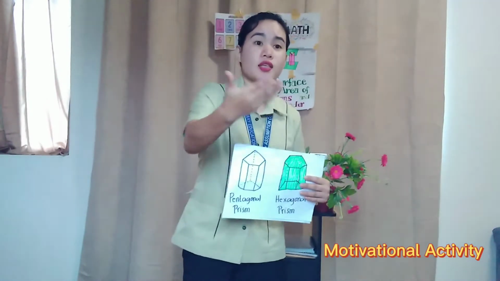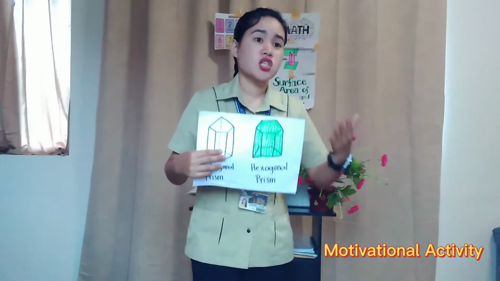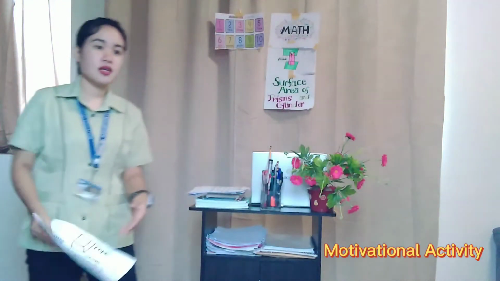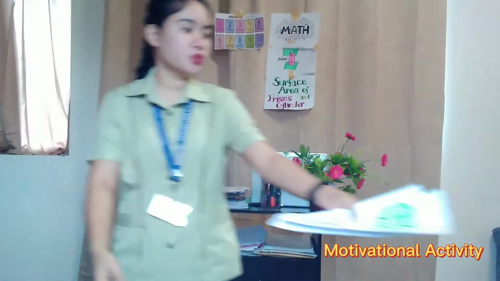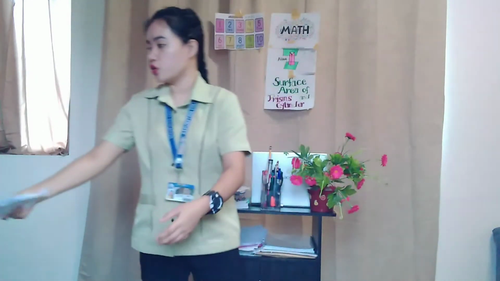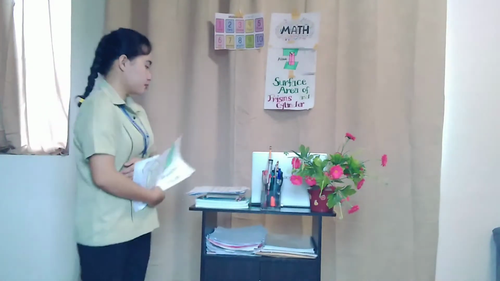What you will do in this activity is guess or give the name of the shape and then present it in front of your classmates. This is for group 1, group 2, group 3, group 4, and this is for you, group 5. So, start now.